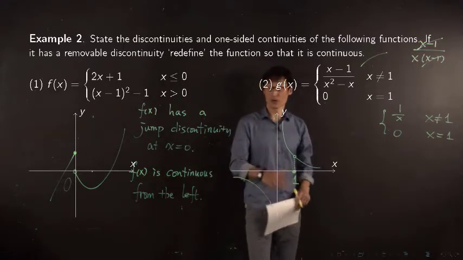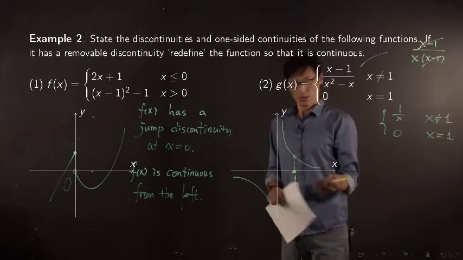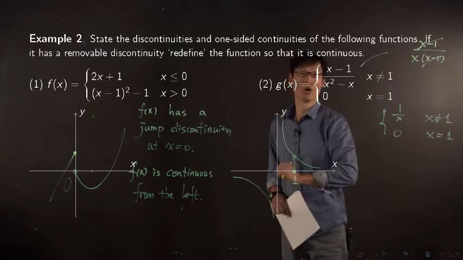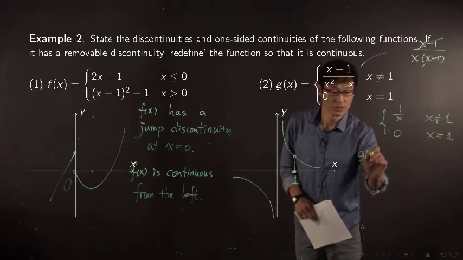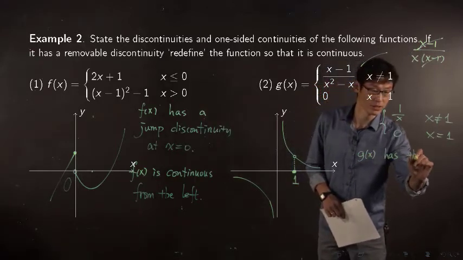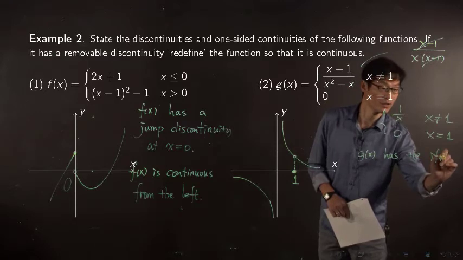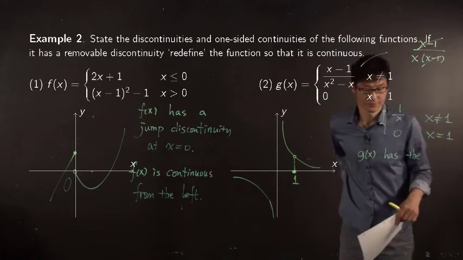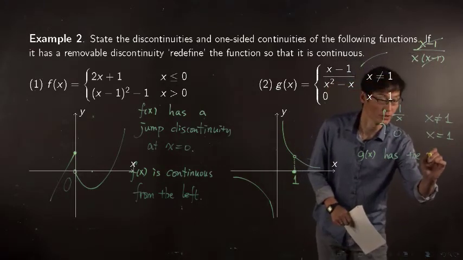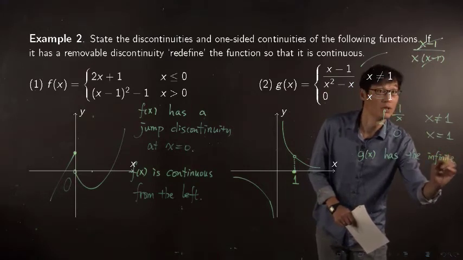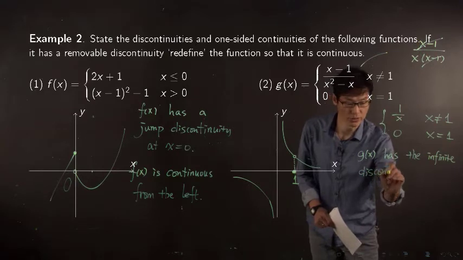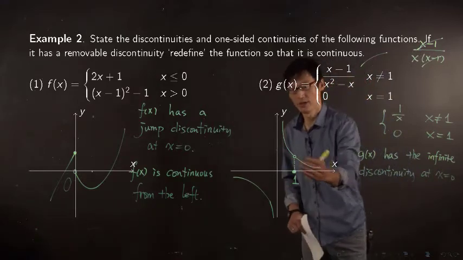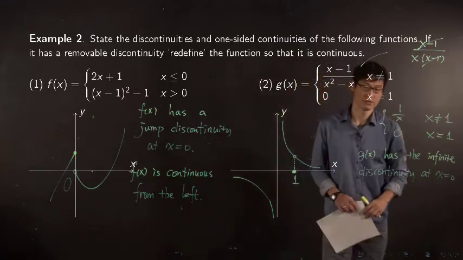That's it. So this is the graph of g. And our function has two types of discontinuities, one at 0, one at 1. g has the infinite discontinuity at x equals 0, because we have plus infinity and minus infinity limits.